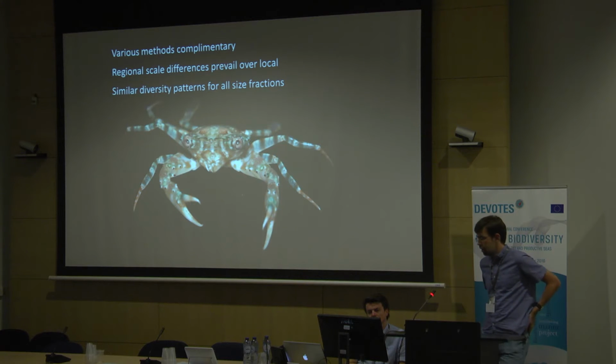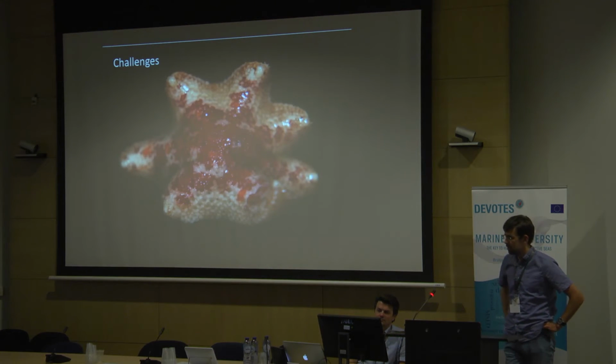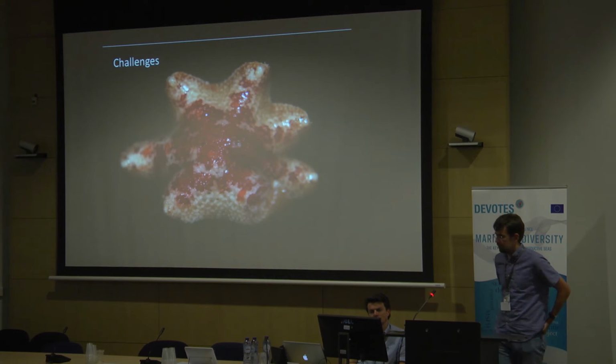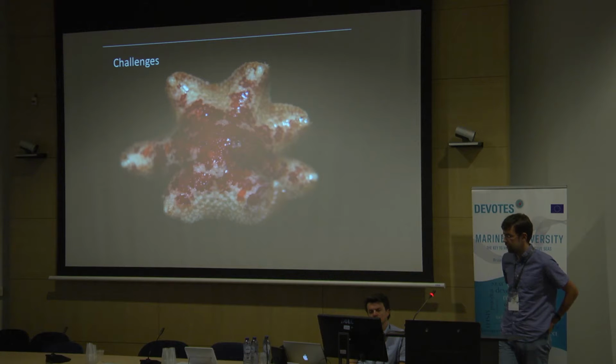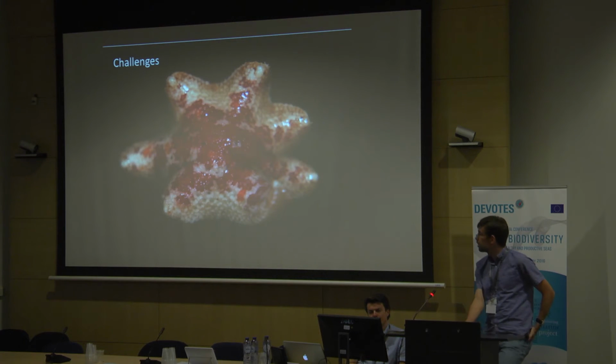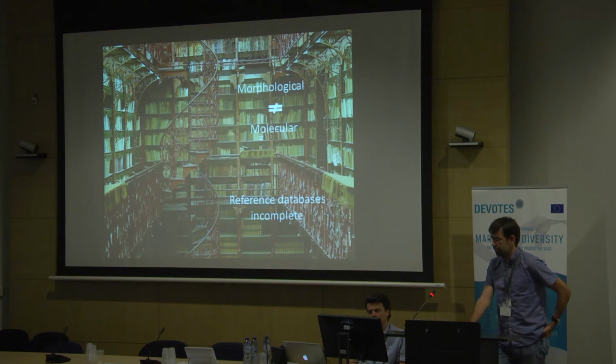But there are also challenges with the metabarcoding approaches, as Roberto referred to earlier on. And we tried to look at some of these with some work we did based again in the Red Sea specifically. So one of the main problems, as Roberto mentioned, was the problem with life reefs.